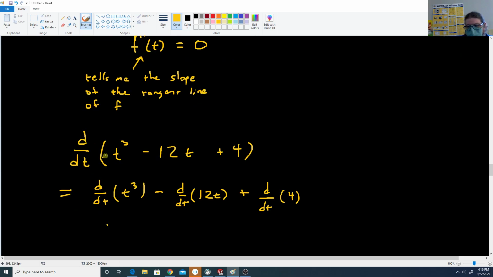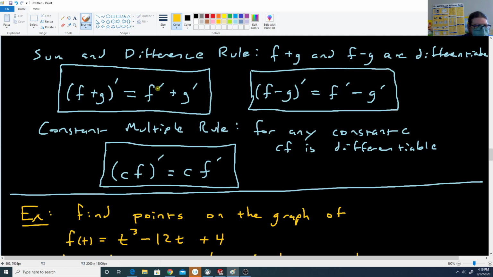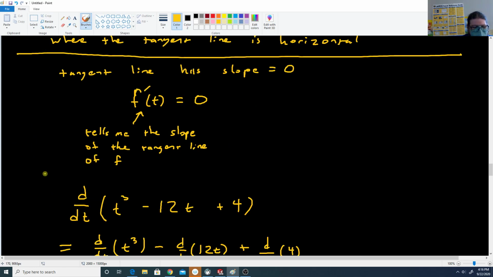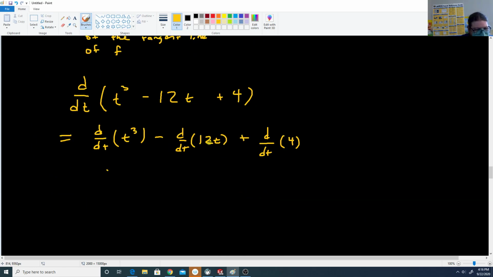So instead of doing the derivative of all these things added and subtracted together, I can add or subtract the derivatives of the individual parts, and that's equivalent to the derivative of the entire thing.